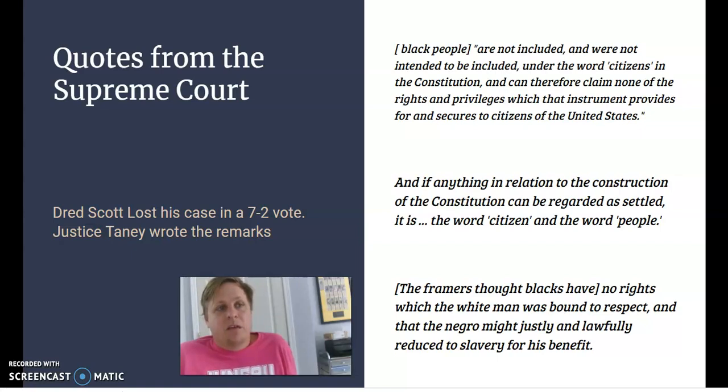And lastly, the framers thought blacks have no rights that the white man was bound to respect, and that the Negro might justly and lawfully be reduced to slavery for his benefit. So again, reiterating the point, whites have power, whites have rights, and that is it. Any other race was not bound by the Constitution to have these same rights.